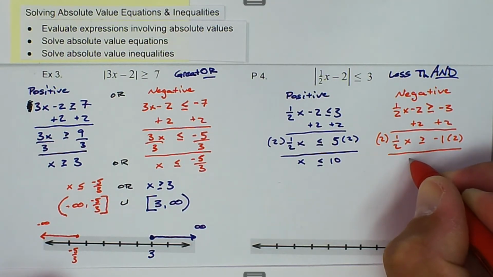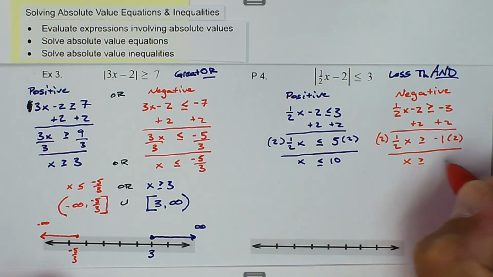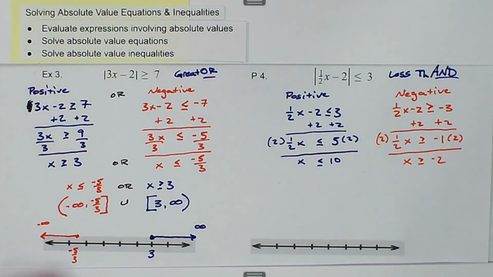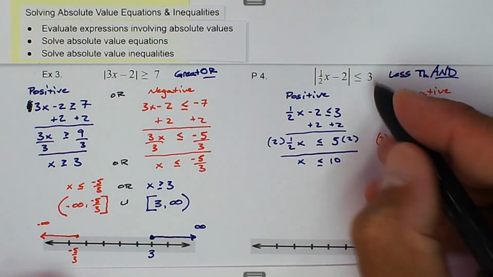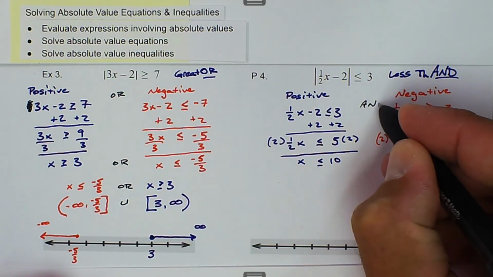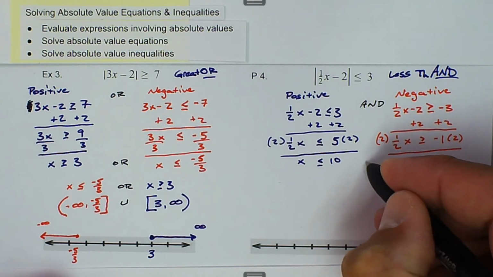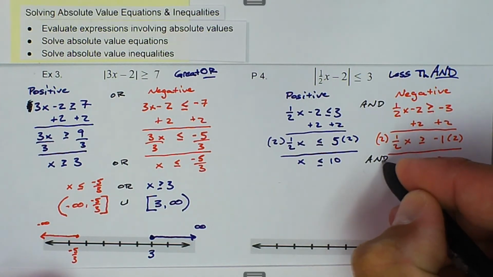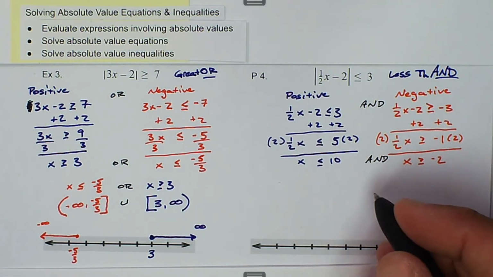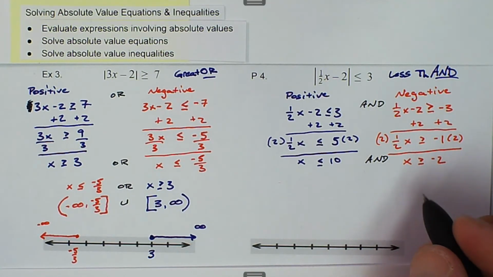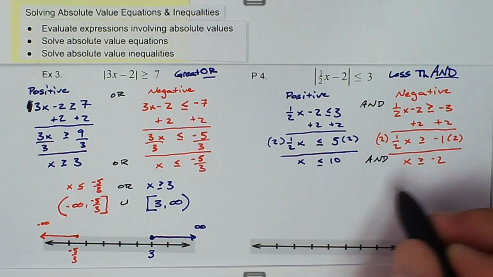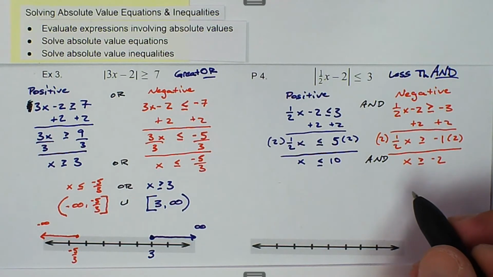And then we get x is greater than or equal to negative 2. So because it was less than, we have to remember that our conjunction is and. And means intersection, or it has to be in both solutions.